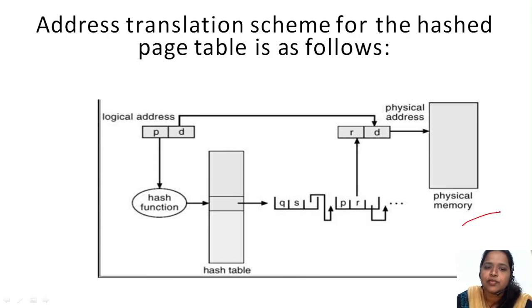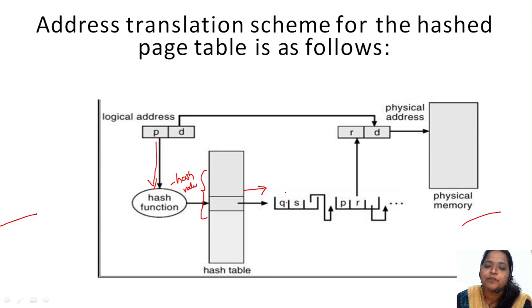So this is how it works: the CPU generates a logical address, and this logical address is given to the hash function. It generates a hash value. This hash value is mapped onto the hash table, and it checks in the linked list.